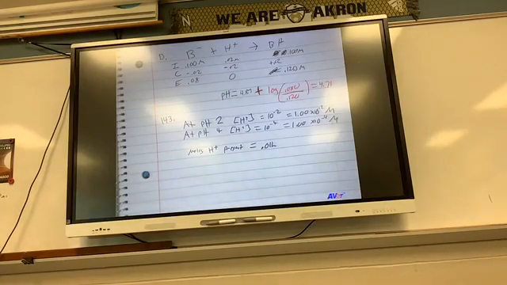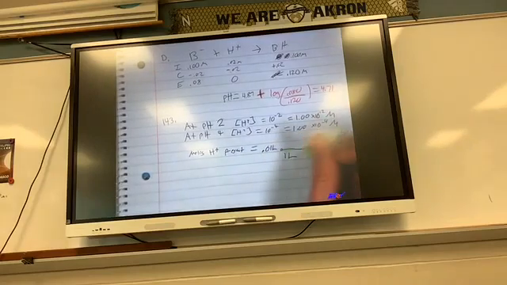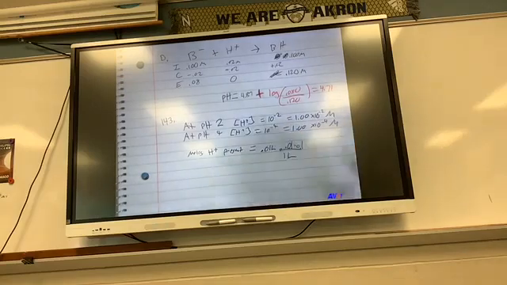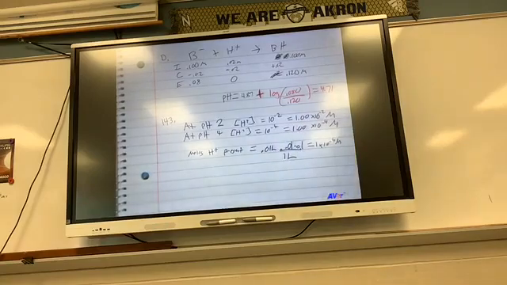And I know at pH of 4, for every 1 liter I need 0.01 moles to make that 1 times 10 to the negative fourth molar.